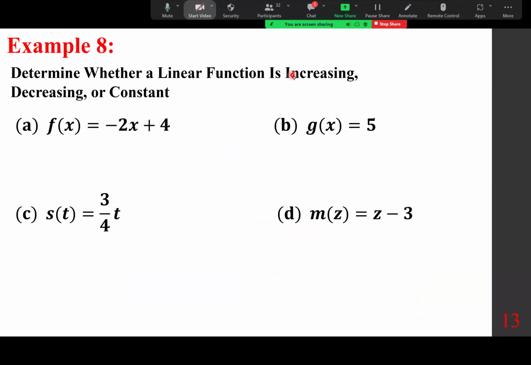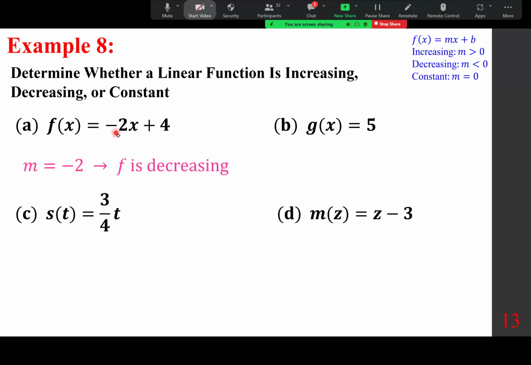Determine whether a linear function is increasing, decreasing, or constant. So I remind you, when f of x is mx plus b, so we have a slope-intercept form, it is considered increasing when the slope is positive, decreasing when the slope is negative, and constant when the slope is 0. So for example, this one, the slope is -2, therefore it's decreasing.